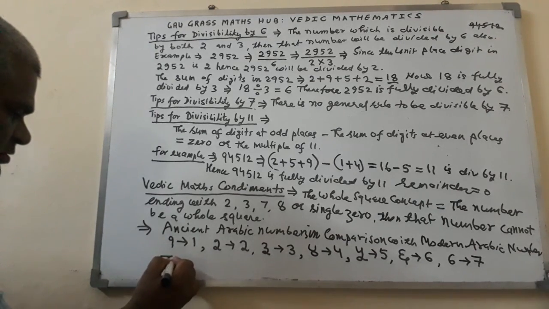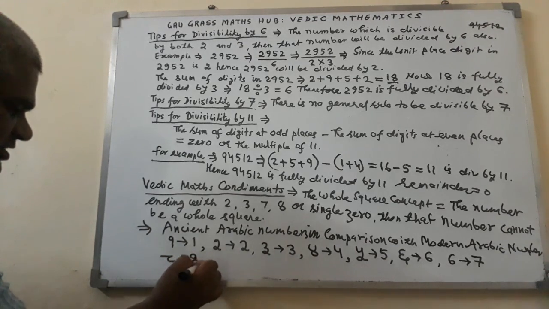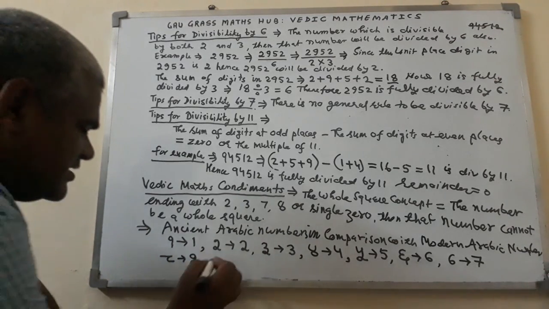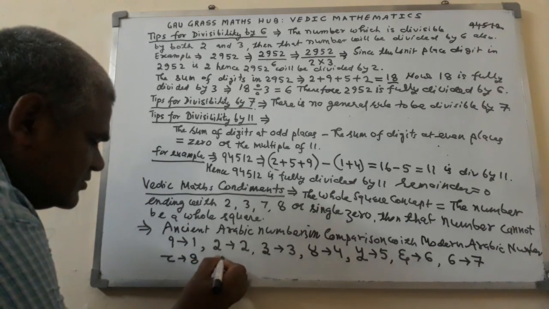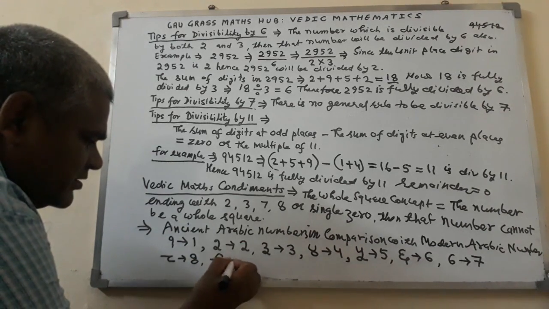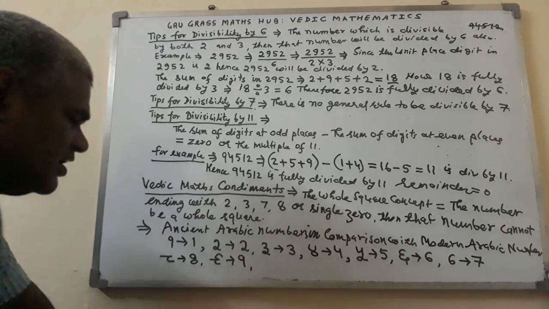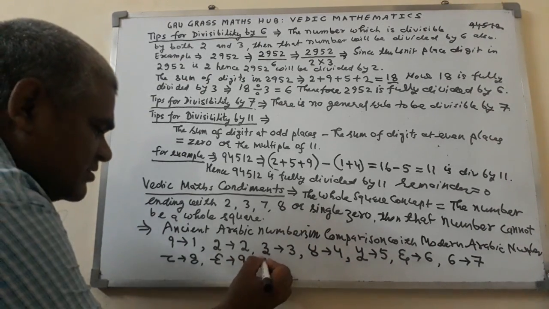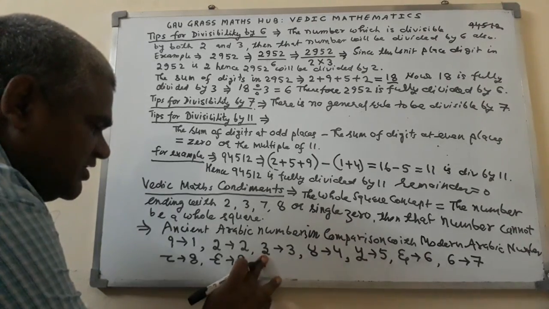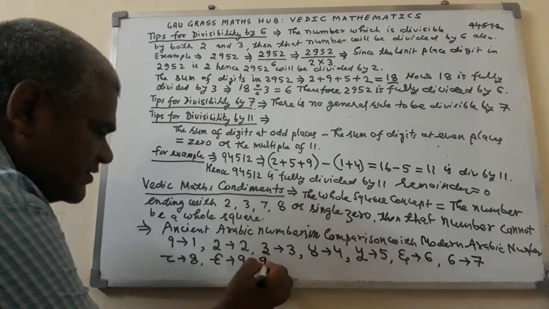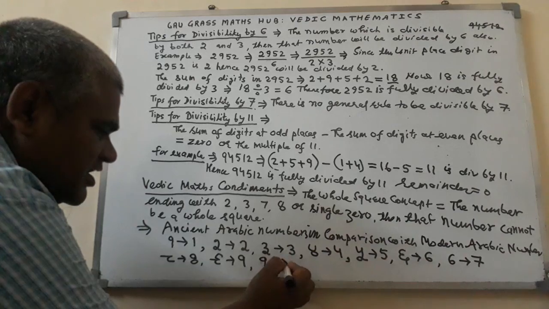And for 9, we shall write like this. And for 10, this is 10. We shall write like this.